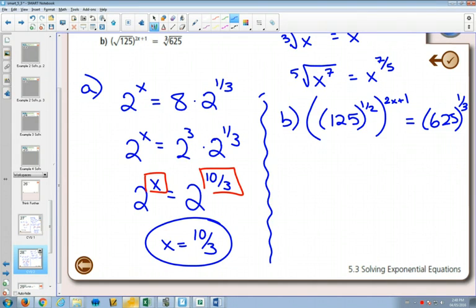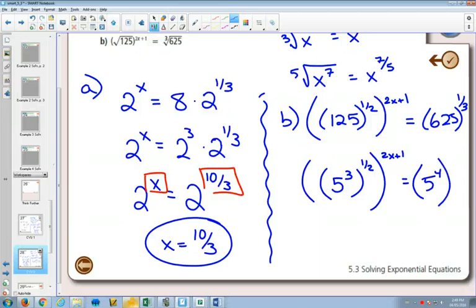Are both 125 and 625 in the same column? Yeah. 125 is 5 cubed. Notice I'm not trying to do too much at once. Just changing one thing at a time.